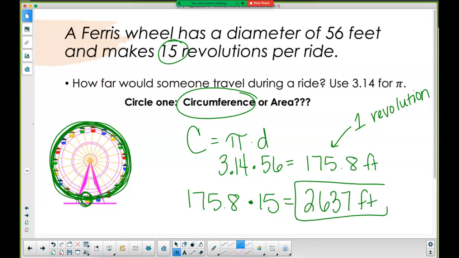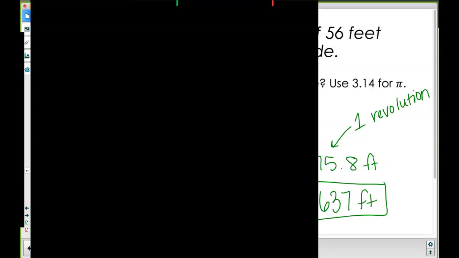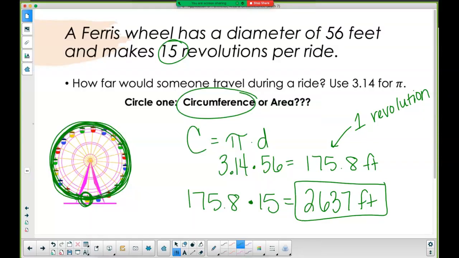So that is how far you would have traveled if you were traveling along the ground. You're going in a circle the whole time, and you're not moving very fast. Ferris wheels are pretty slow, so it's not a real exciting ride. Can you imagine if it was fast? The carts would be flinging upside down. All right, that's all the notes for today.